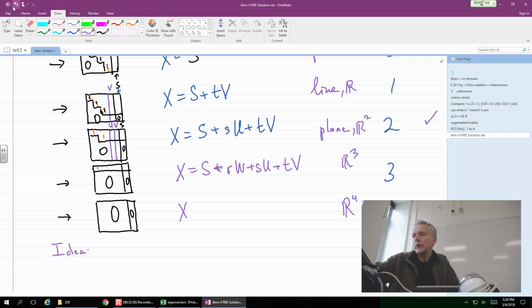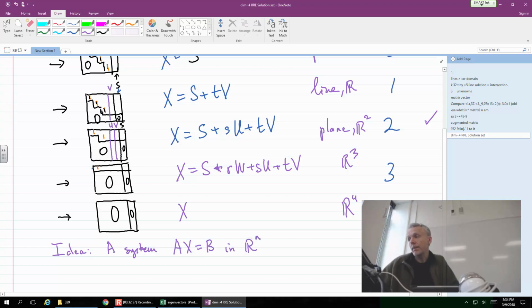So a system AX = B in Rn may have as its solution set one of the following. May have, well, must have, one of the following.